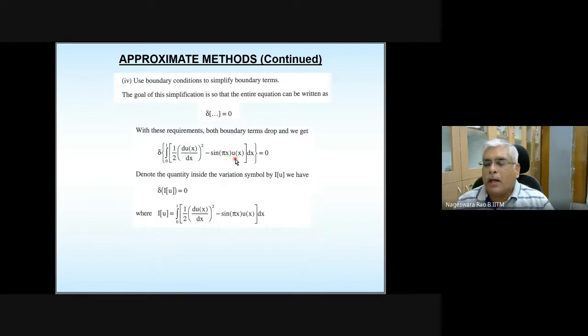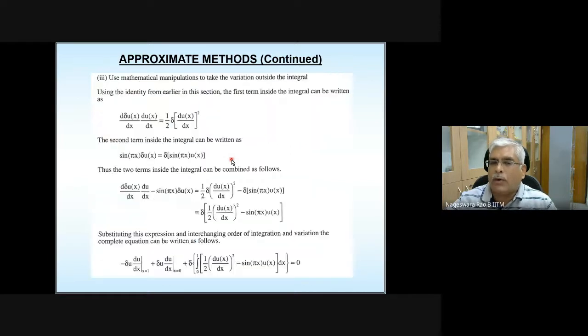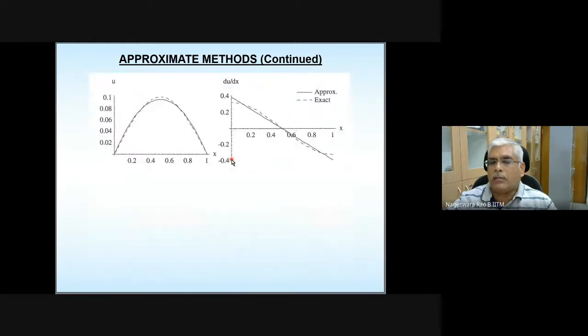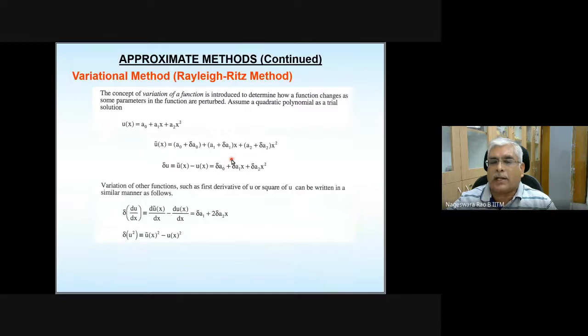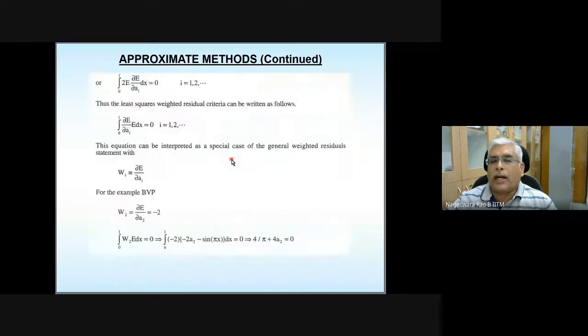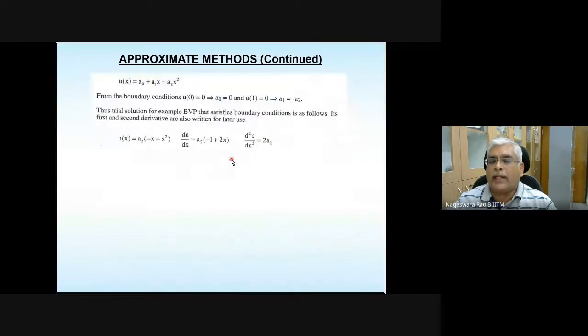Okay. So now with that, let me show you, starting with quadratic trial solution, what we did in weighted residual method. Make sure that this trial solution becomes admissible by satisfying essential boundary conditions. All that is required, even for variational method.